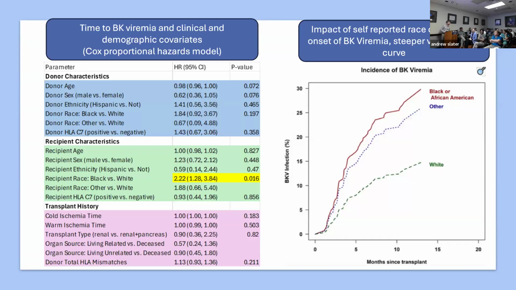Andrew, I will do questions now at the end. Do you know if this is adjusted for other things? Why would one race have more risk unless, did they receive more HIMO? It's not adjusted. No, it's Cox proportional, so my assumption is it is adjusted. I didn't think that it was.